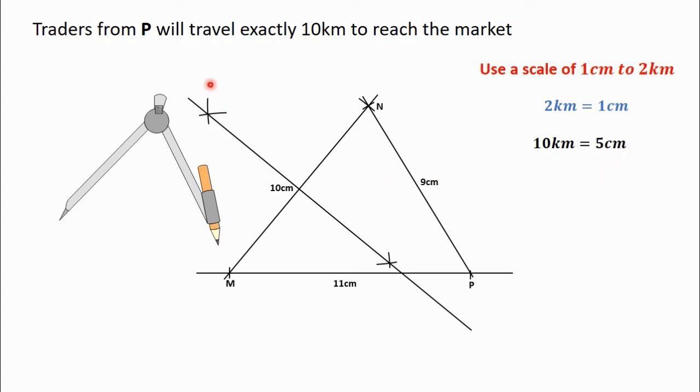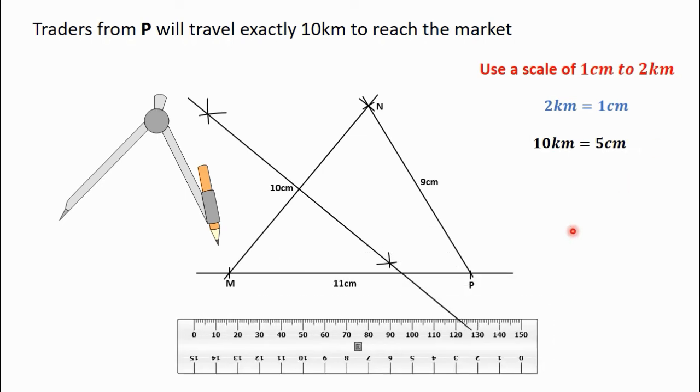So here, in order to locate the market, we will have to construct the locus of points 5 centimeters from point P. We have seen that this will be a circle with point P as the center and a radius of 5 centimeters. So first, we will pick the ruler and we measure 5 centimeters using the compass.